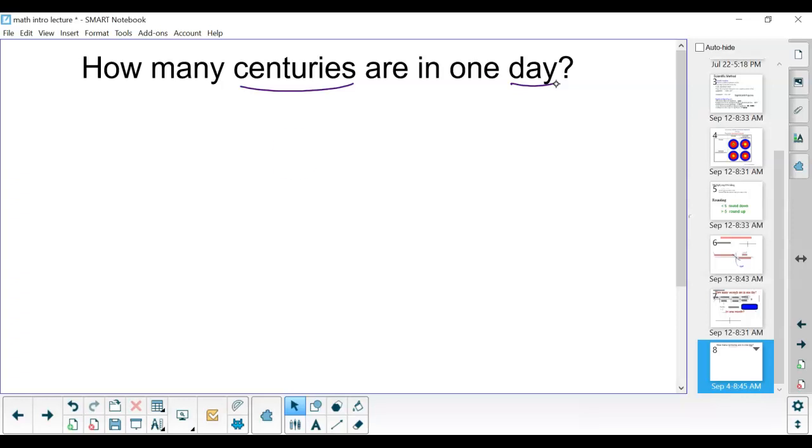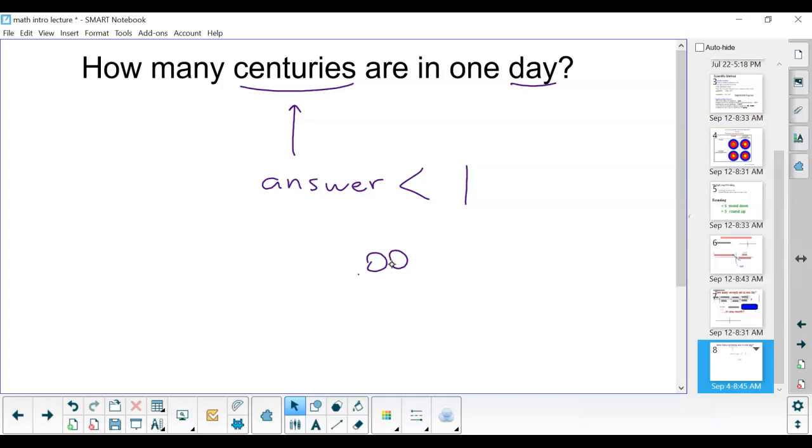Well, in this case, we should get an answer that is less than 1, because there's fewer than 1 century in a day. In fact, it's going to be like 0.00 and so on. And we could express that in scientific notation if we wanted to, or not.